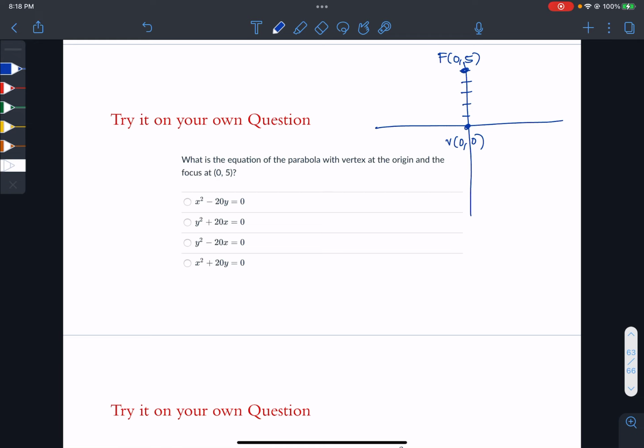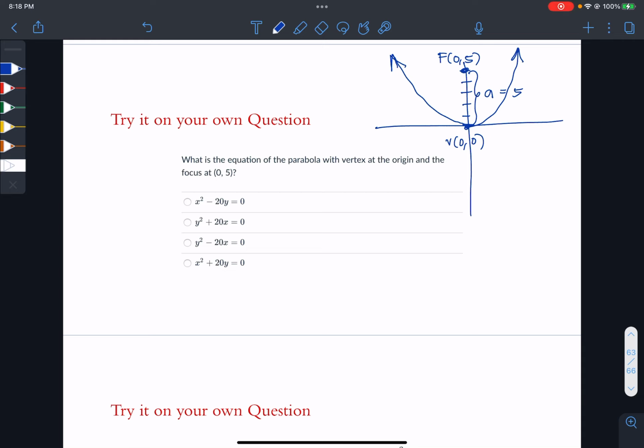So remember the distance, di ba? So ang distance ng focus sa vertex, that is equal to a. In this case, that distance is equal to 5. And siyempre, nandyan ang focus niya, ang opening niyan is upward. Okay? So kung opening niyan is upward, that means we have x squared.